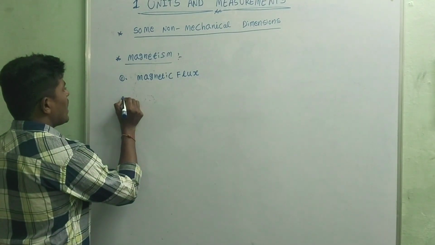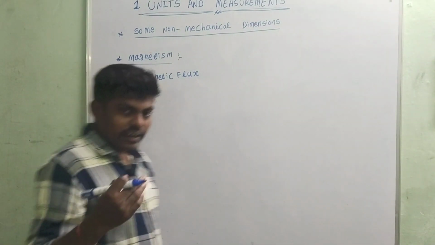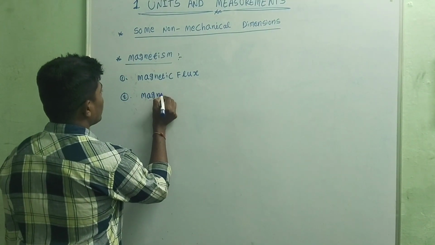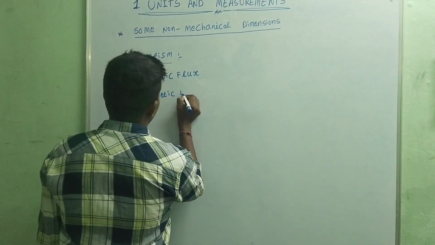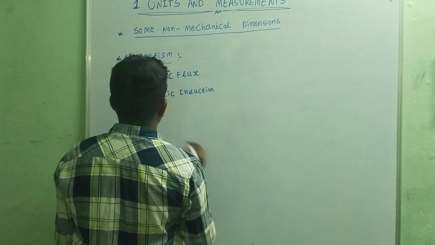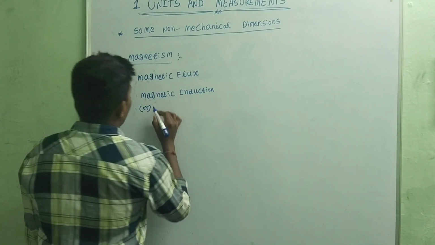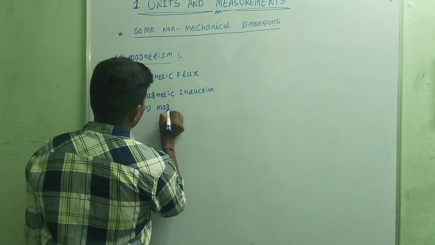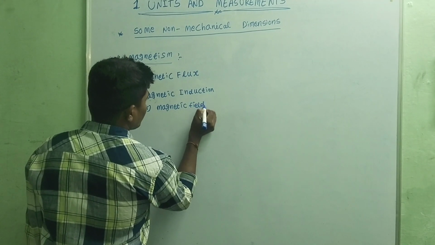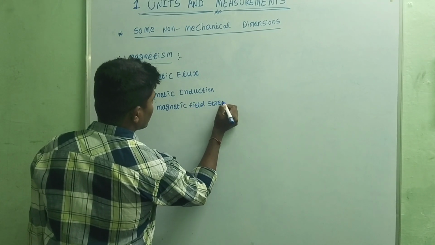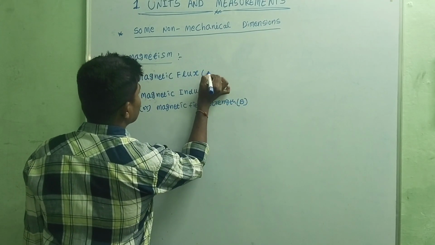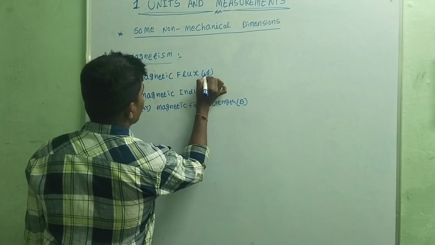Second one is magnetic induction, or magnetic field strength, denoted by B. The flux is denoted by phi or d phi.